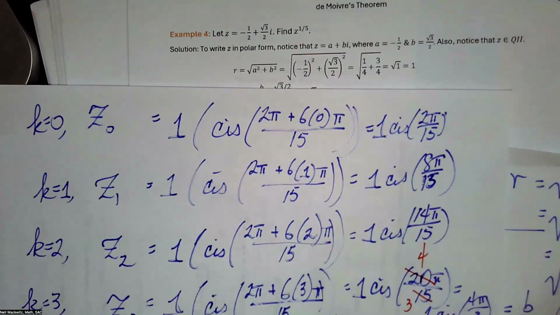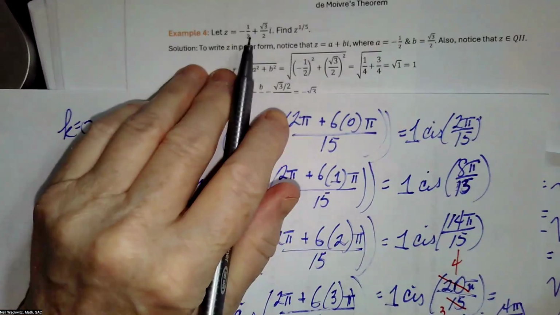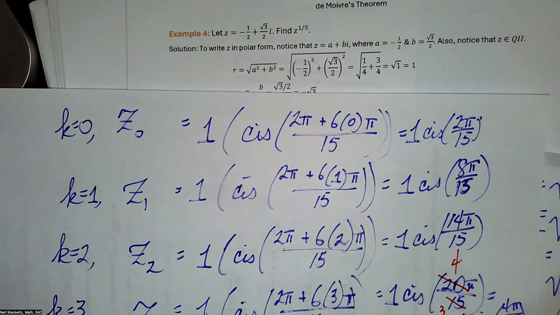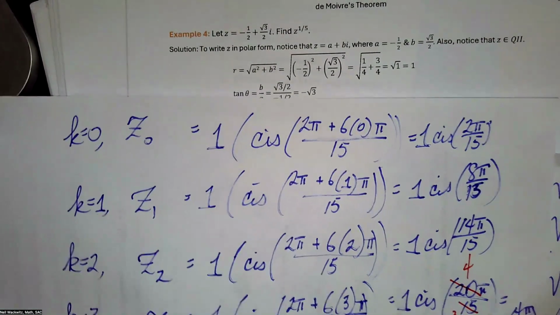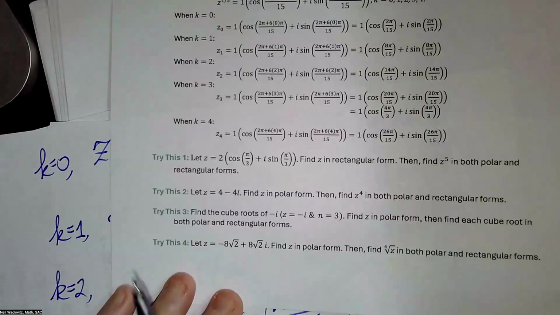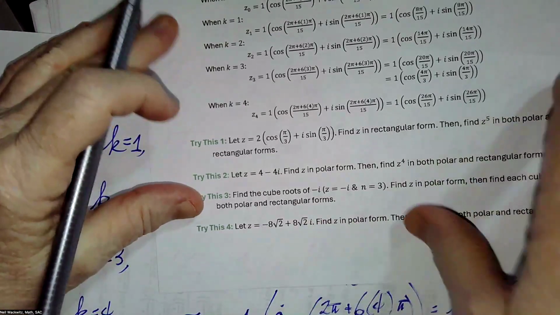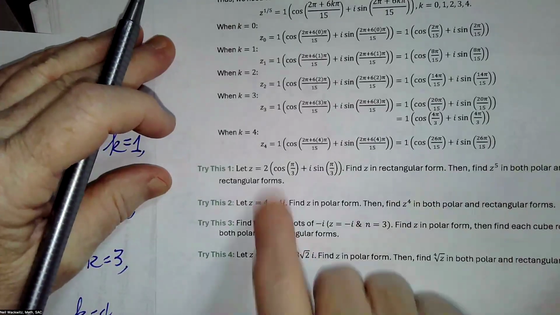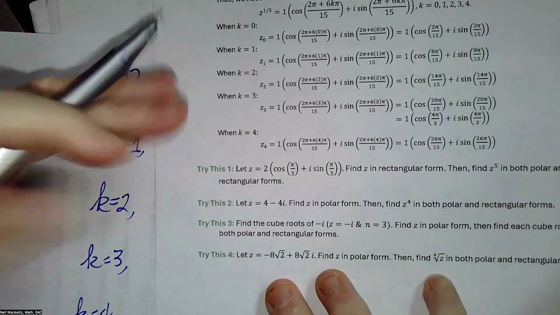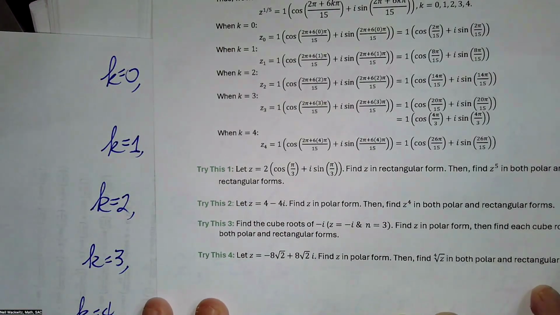And we can find all of the 5th roots of that number. There are some try thises at the bottom of the notes, and I'm setting this up so that y'all can do these 4 questions, and I've got a few more that I'm adding.